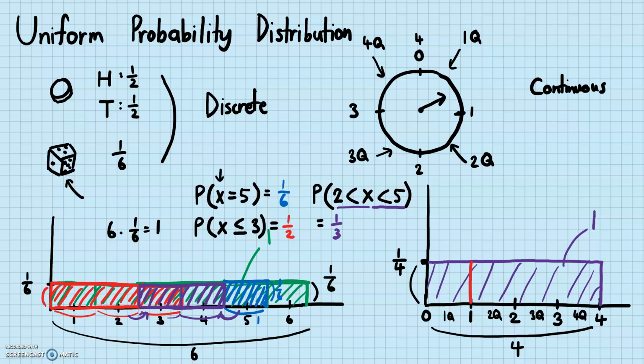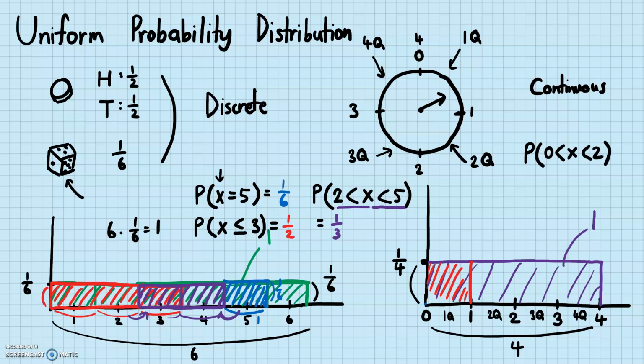The probability of landing in the first quadrant would be the area of this right here, which is going to be 1 times 1/4, which is just 1/4. And again, we can notate this using our probability notation. So probability that the arrow will land between 0 and 2.